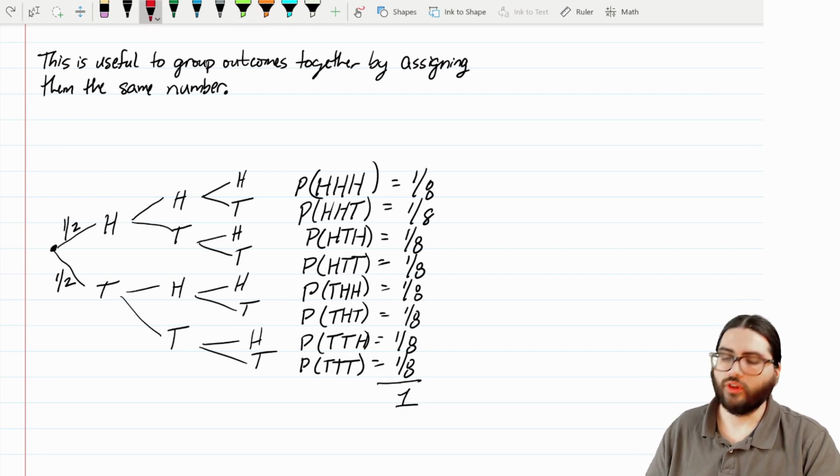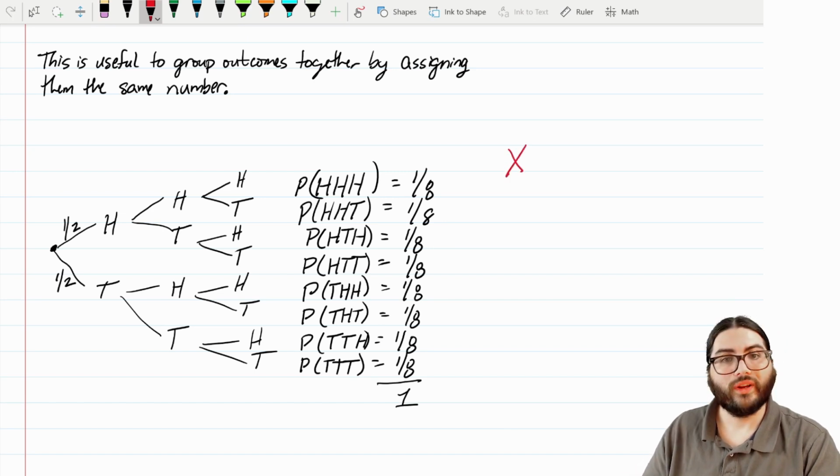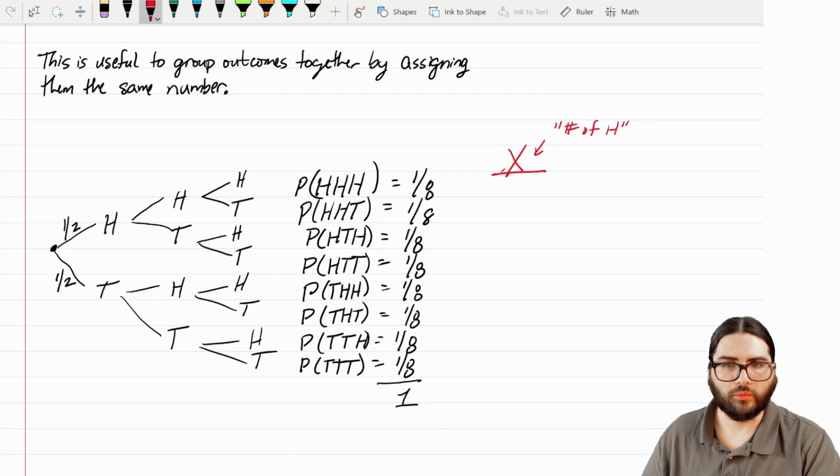I'm going to come up with a new random variable called capital X. Random variables usually get capital letters assigned to them. And each one of these outcomes will be assigned a number. In this case, I'll call this the number of heads variable.